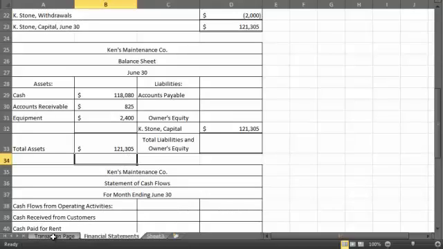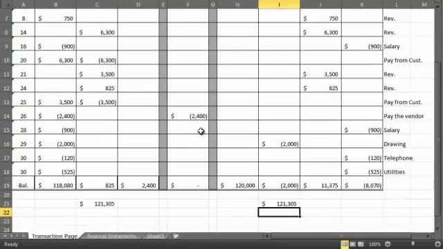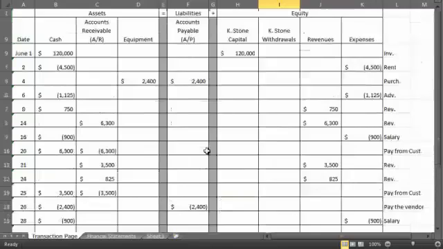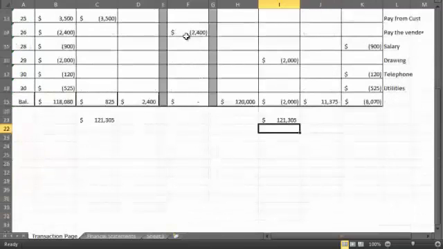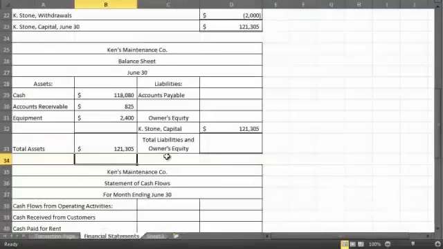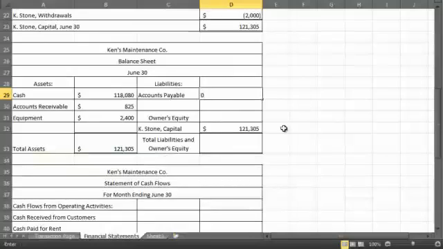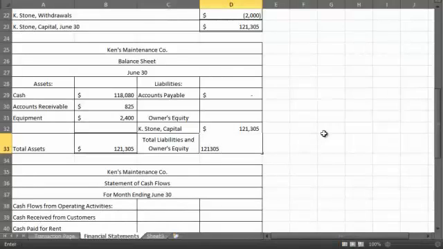$121,305. Now, if you go back to the transaction page, did we have any liabilities? Other than our accounts payable account? No, we had paid that off, so the balance is zero. If I come back and look at my statement, my accounts payable has a zero balance, which means if I add this to this, it comes up to a total of $121,305.